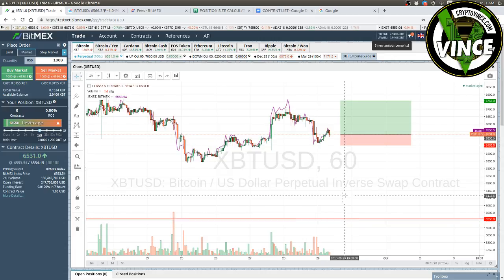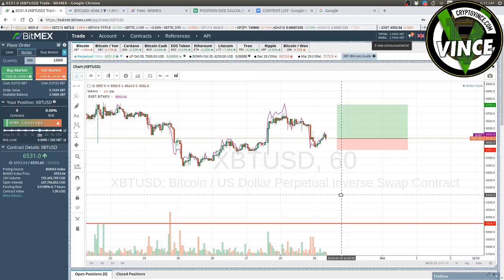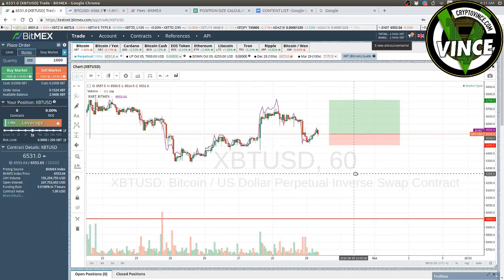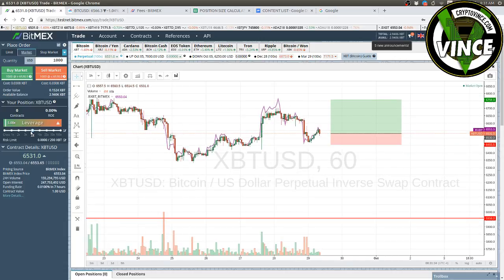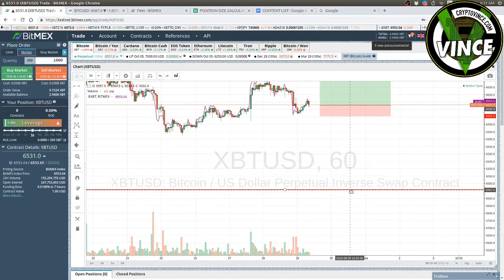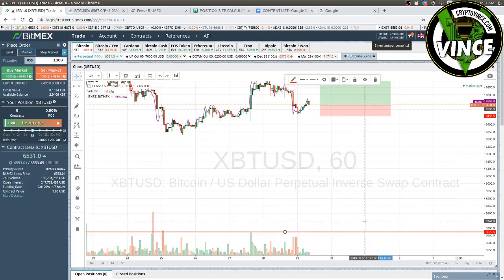But just to show you how margin trading works, of course, the smaller the leverage, the deeper your liquidation price will be. So in this case, if I go to 5x, my liquidation price will be 5465. So it's going to be all the way down to 54. So I will have more margin, more space before getting liquidated.